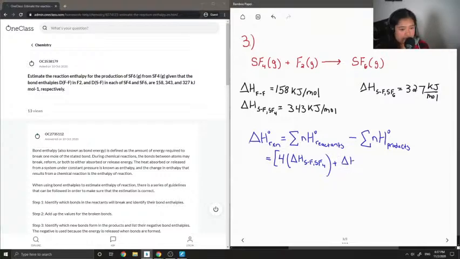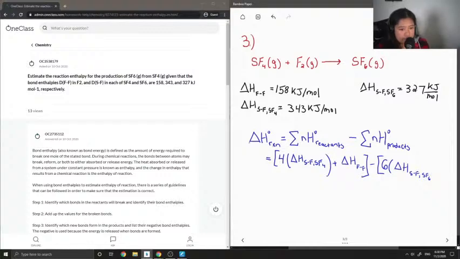It's just going to be our delta H of the fluorine. So all of that is in square brackets, and we're going to minus 6 times the enthalpy of the product, which is the SF value for sulfur hexafluoride.